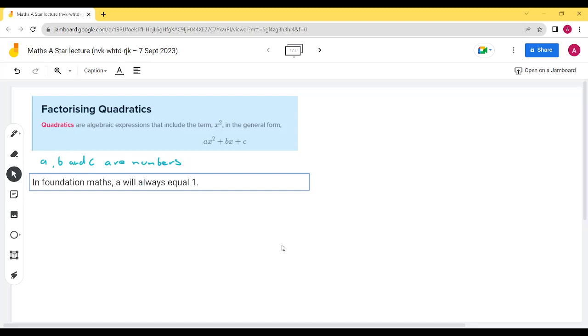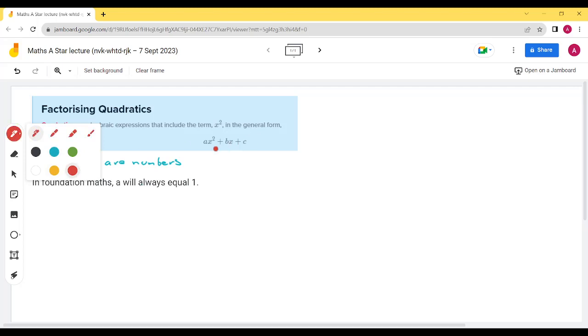So I'll just explain the first bit again for you two as you just come in. We're looking at some of the more fiddly areas with algebra in the foundation exam today. So the first thing we're going to look at is factorizing quadratics. And we've got an example of how a quadratic equation looks here. It comes in the form ax squared plus bx plus c. So the fact it has x squared is what makes it a quadratic.